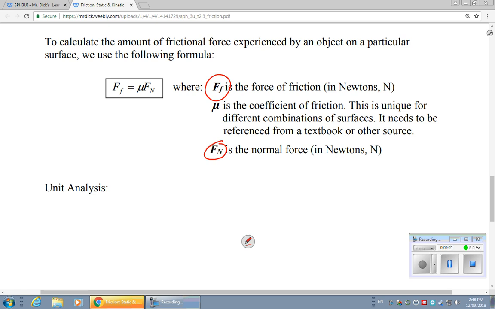So that normal force gives us some idea of how much we're pressed against the surface, or how much the surfaces are pressed together.